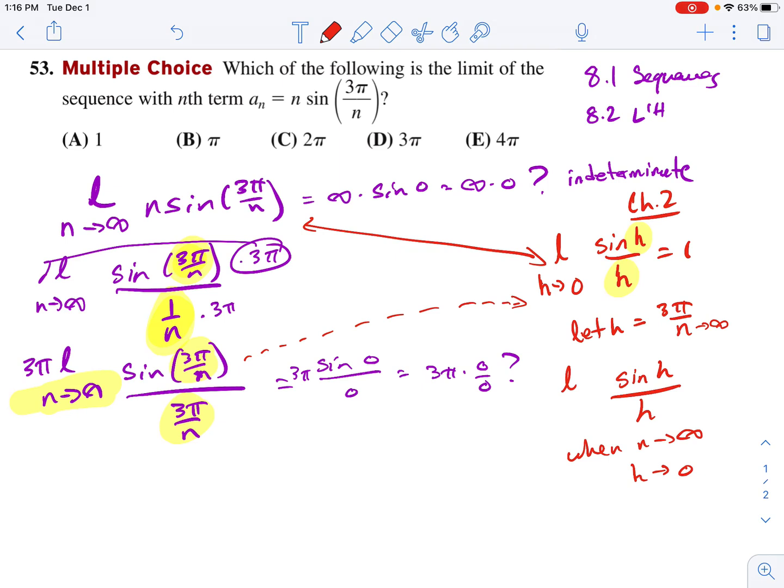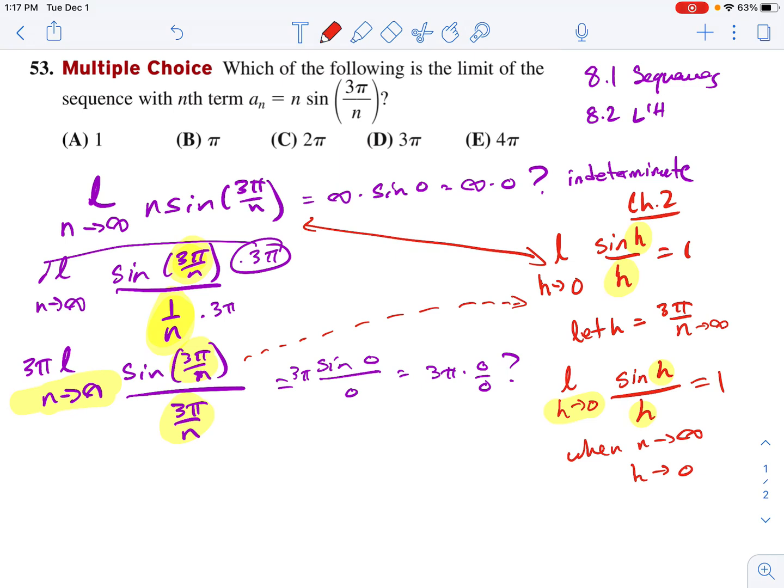And what do we know? If we have the limit as something goes to 0 of the sine of that same something over that same something, we know that that limit is in fact 1. And what is our something? Our something is 3 pi over n. And we know that when n goes to infinity, 3 pi over n goes to 0.